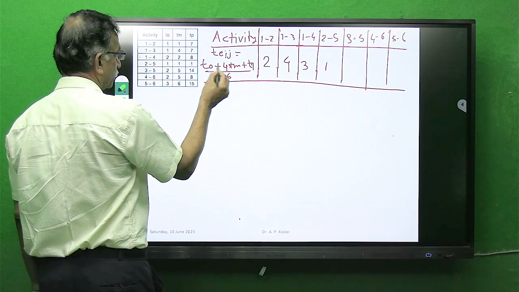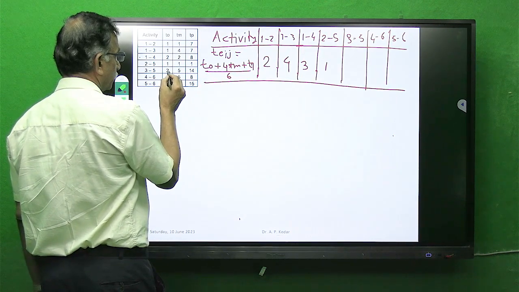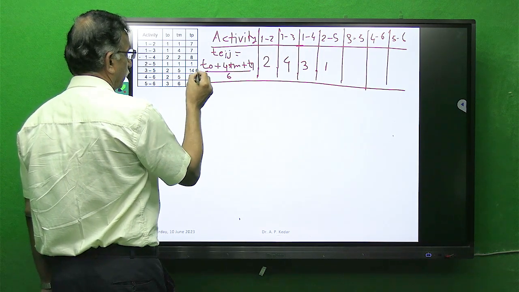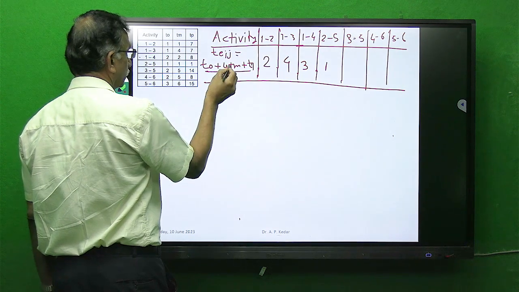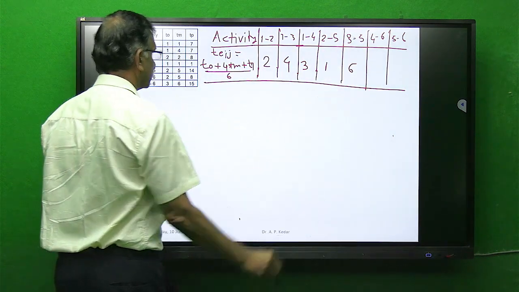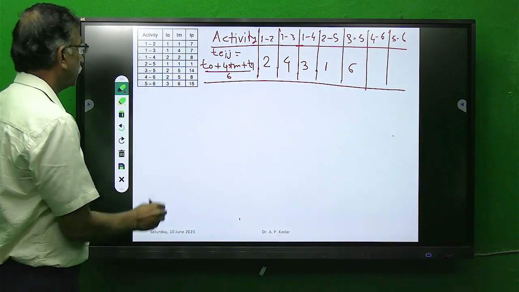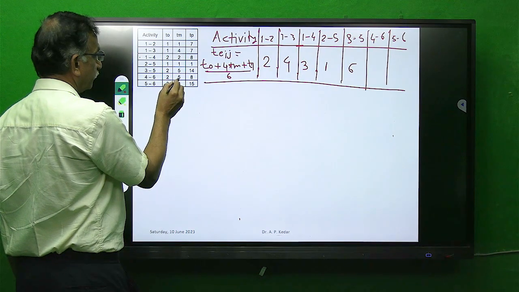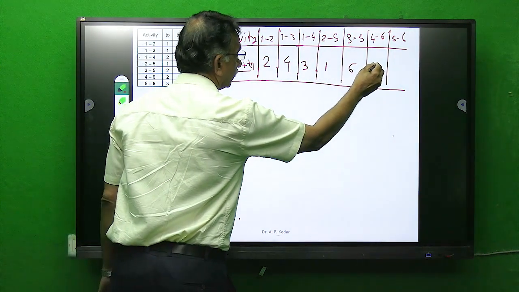So 4 plus 5, 5 fours are 20, 20 plus 14 is 34, 34 plus these 2 is 36, 36 divided by 6 will yield 6. For this 4-6, 2 plus 3 is 5, 5 plus 3 is 8, the middle value will be the same, 5.